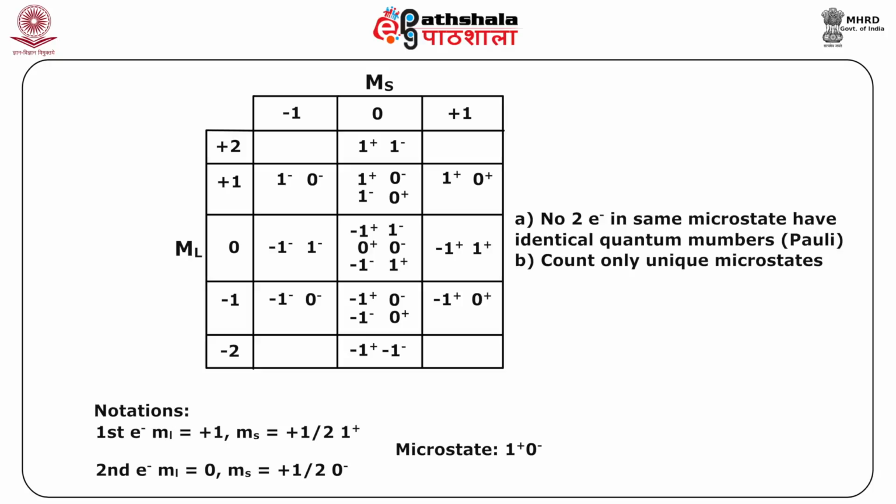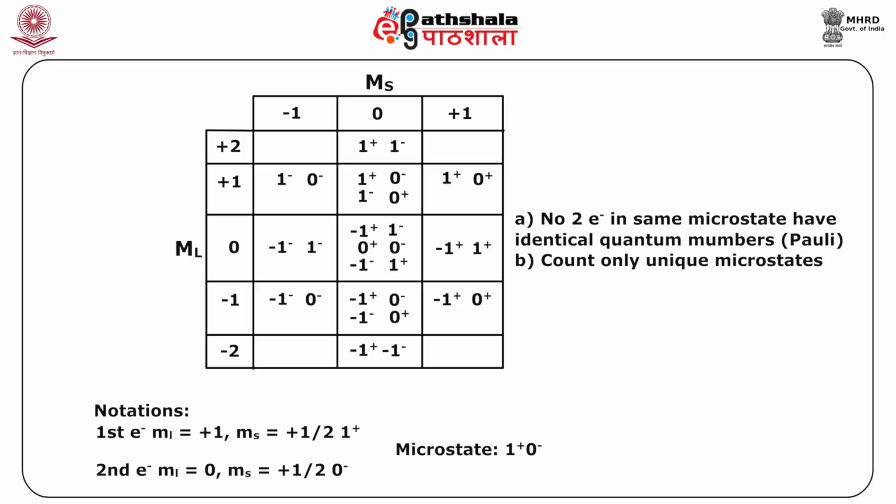It can be seen that no two electrons can have the same identical quantum numbers, and we can count only the unique microstates possible. The microstate table shows the various values of ml and ms. The notation for the first electron is ml equal to +1, ms equal to +1/2, which is represented as 1 raised to the power plus.